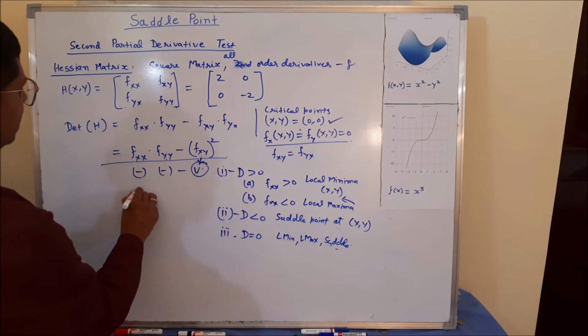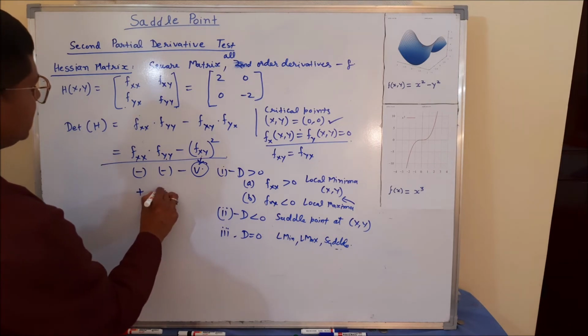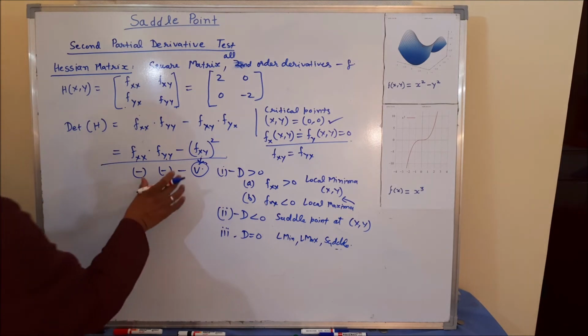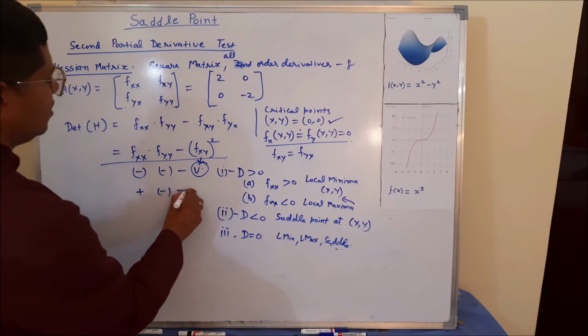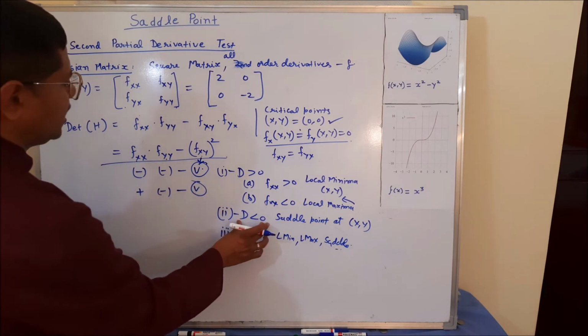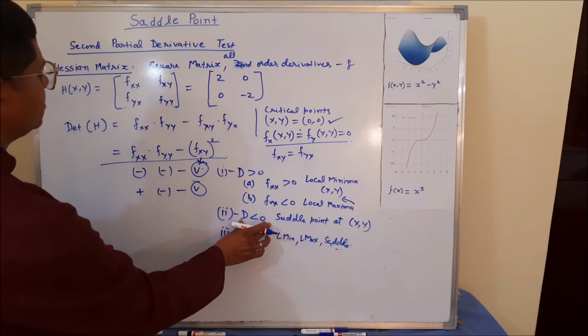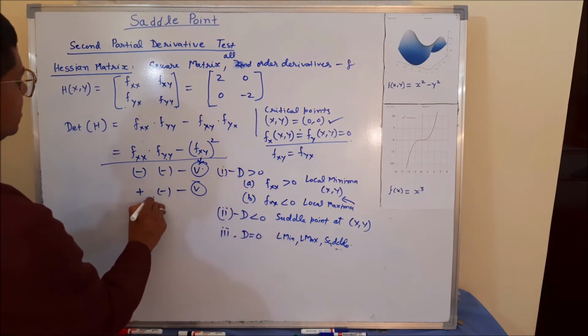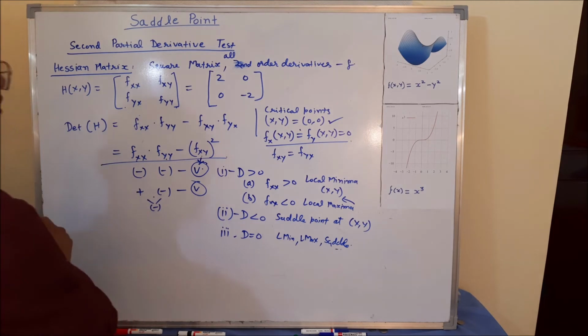But if here something positive and if something here negative, so in that case, whatever the value will be here, the entire determinant will be less than 0, because this multiplication will be something negative.